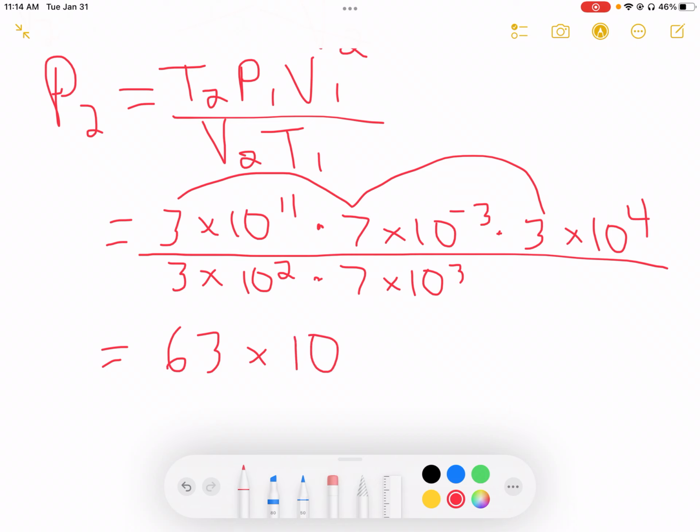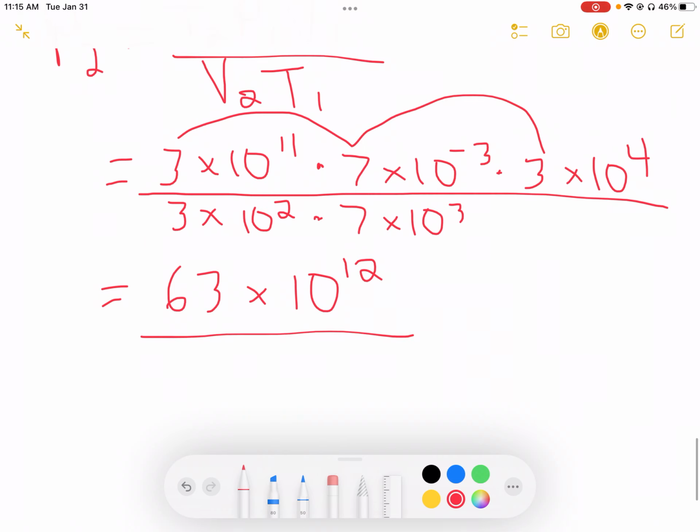So times 10 to the 12. And then here I have 3 times 7 on the bottom, so I have 21 on the bottom. And then I have a 2 and a 3, so times 10 to the 5th. I'm just adding my exponents there.